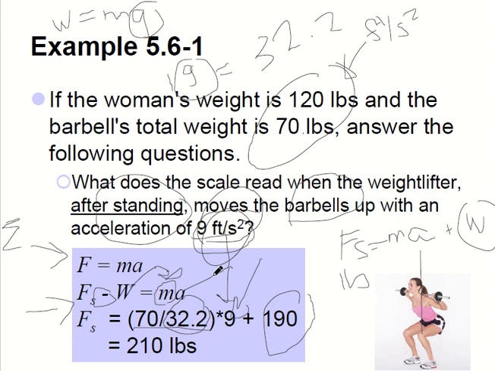So we use 32.2 to match the US customary system, instead of 9.8 meters per second squared.